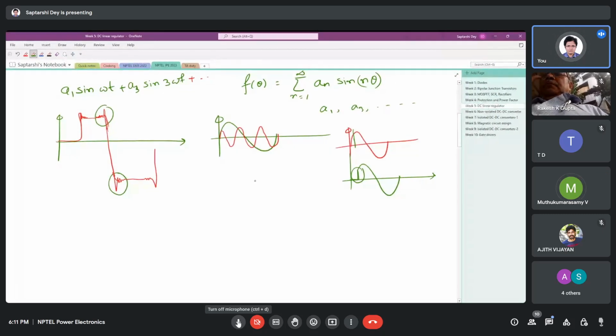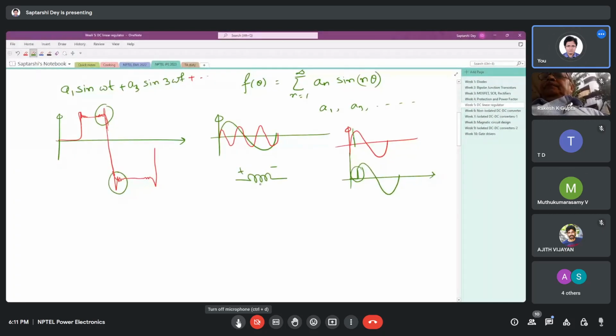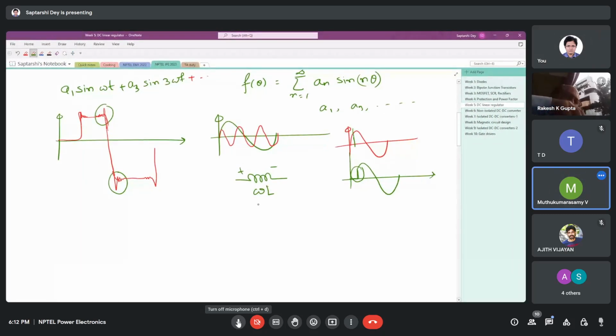An inductor will definitely stop that because it is omega L. Or in other words, this sudden change of voltage will tend to force a sudden change in current, which the inductor will try to stop, kind of act as a low pass filter.